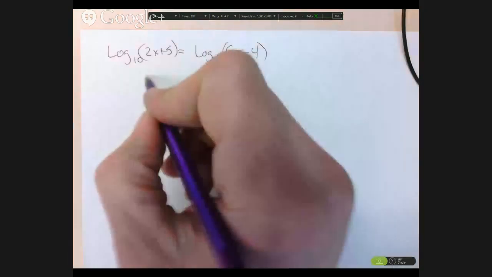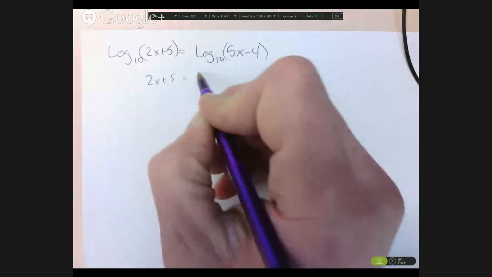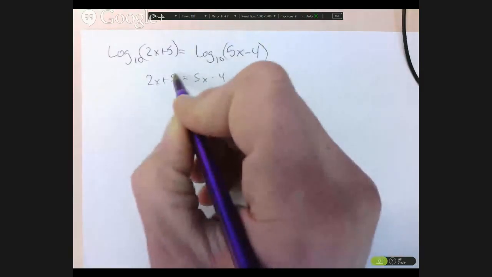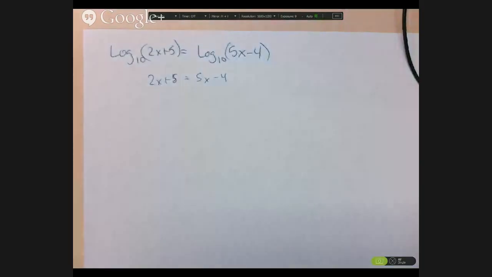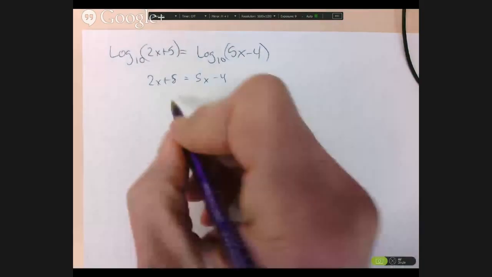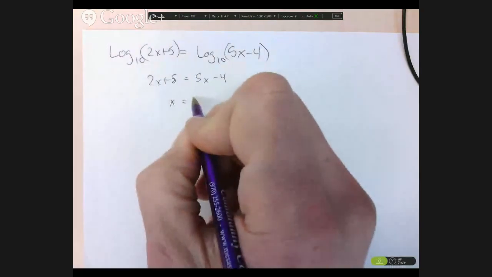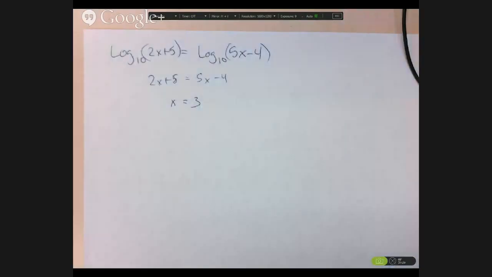So 2x plus 5 equals 5x minus 4. X is? Okay. All right, one more.